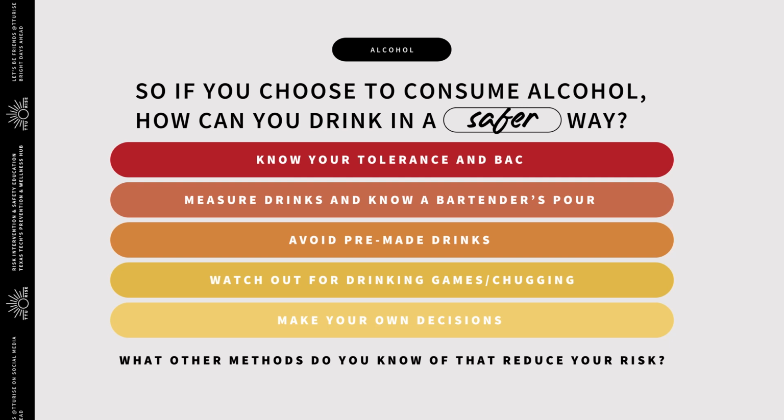Pre-made drinks specifically refers more to cocktails or something in a party situation where you're not able to see what's in the drink. This does not apply to things that are already in their own container, like bottled or canned drinks, unless they were not opened in front of you.